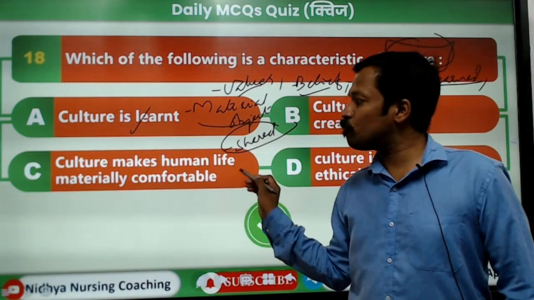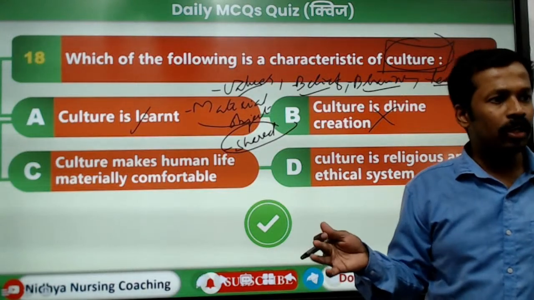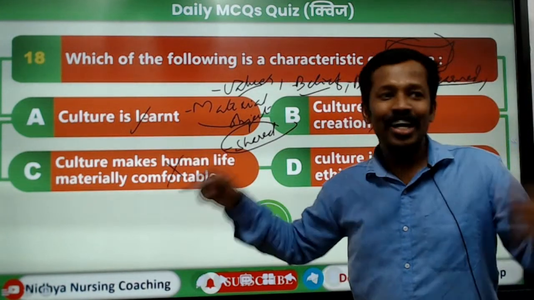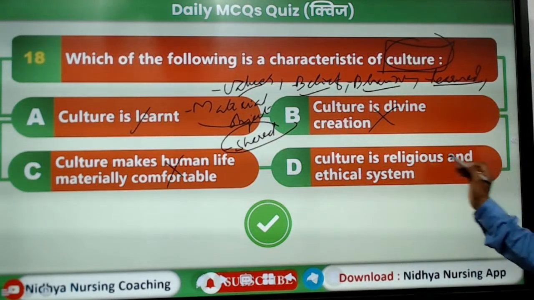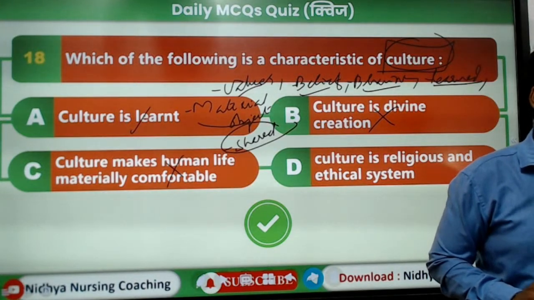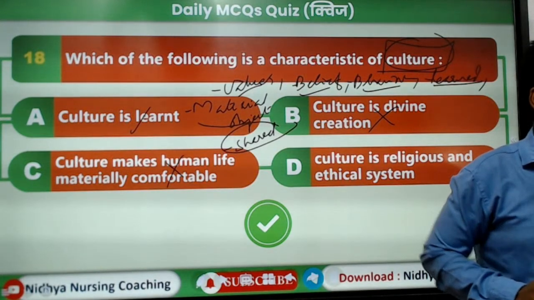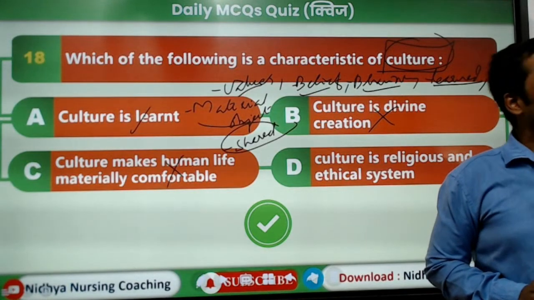Culture is a religious and ethical system? It is religious but not an ethical system. Culture is also religious, but it is not an ethical system. Is it an ethical system?